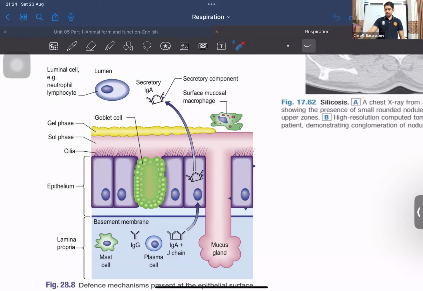Why? Is the stomach a nice place? No. It has a high acidity, about pH 2. The pH is very low. HCl can kill most of these bacteria. So that is the main purpose of this mucus and the cilia.